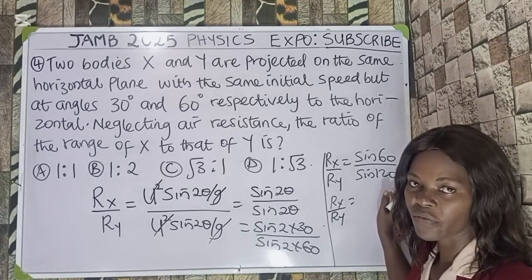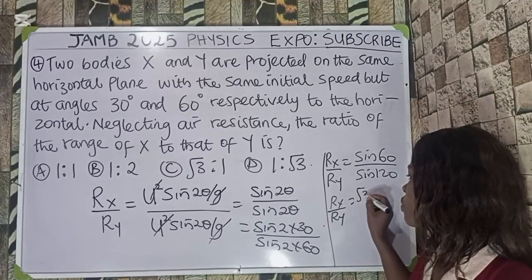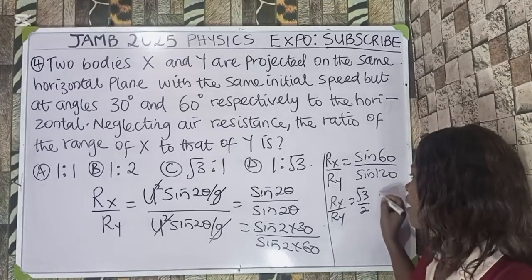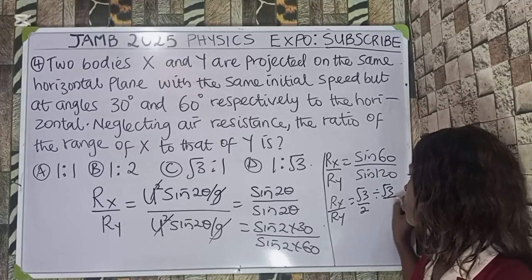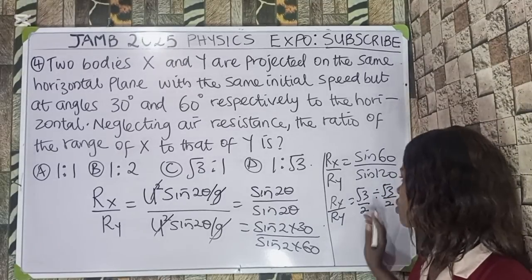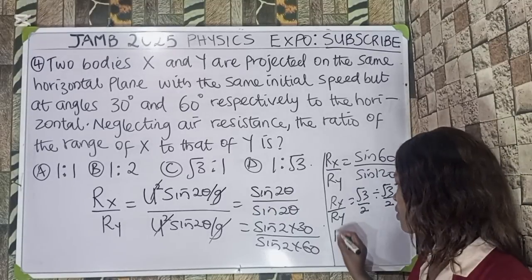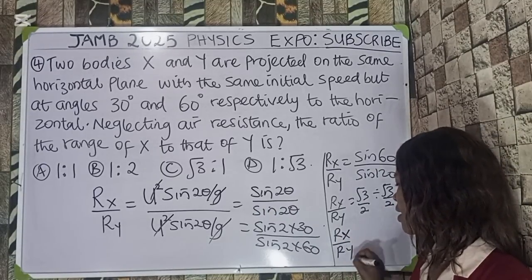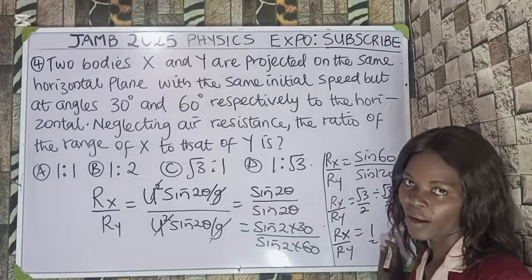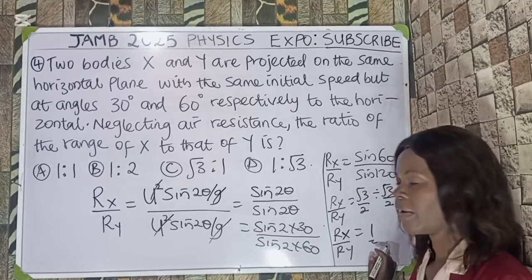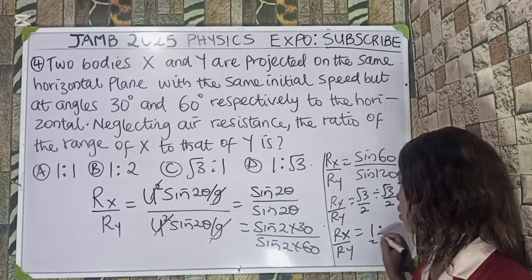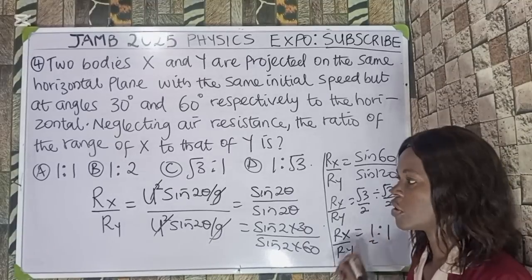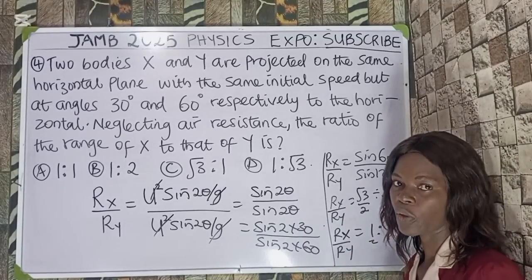The sine of these angles gives me √3/2 divided by √3/2, which is the same thing, so it cancels out. Now we have that Rx over Ry is equal to 1. So the ratio of Rx to Ry is 1 to 1. Is that clear? So the correct option to this question is option A.